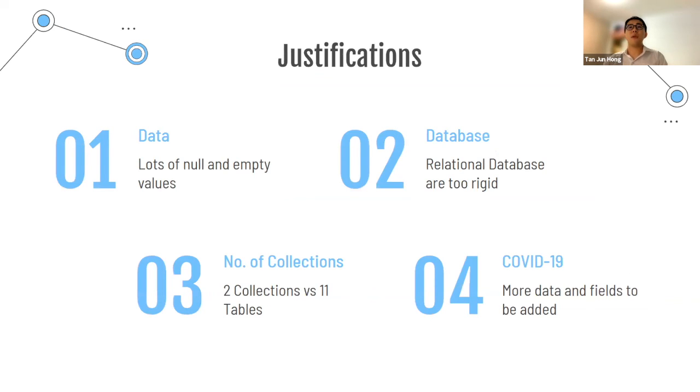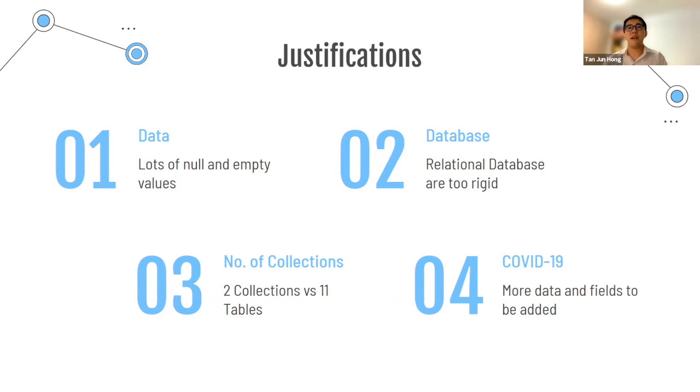Having that, we can now justify why we chose NoSQL. Firstly, our dataset has lots of nulls and empty values, which will show up in relational databases. Non-relational databases tend to handle null values better, as the fields will simply be omitted. Secondly, relational databases are too rigid, and our data has a variety of columns.